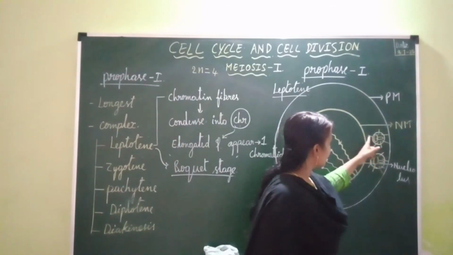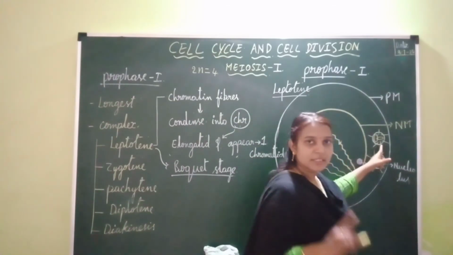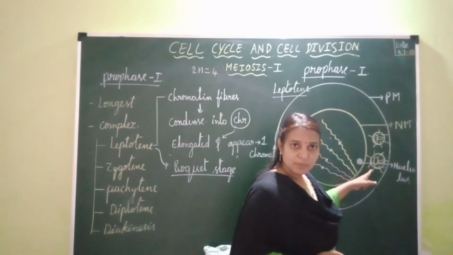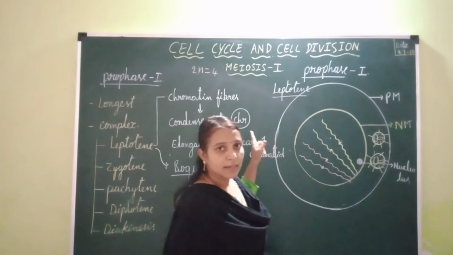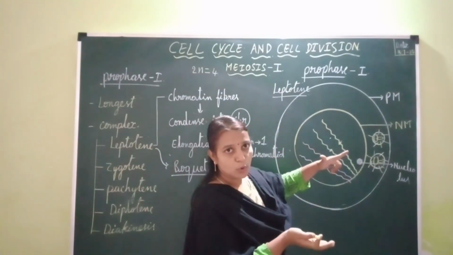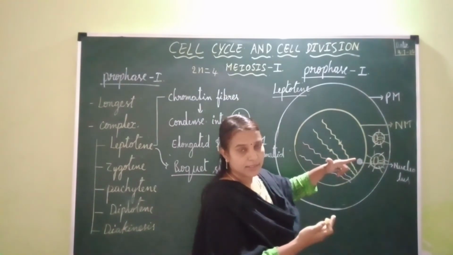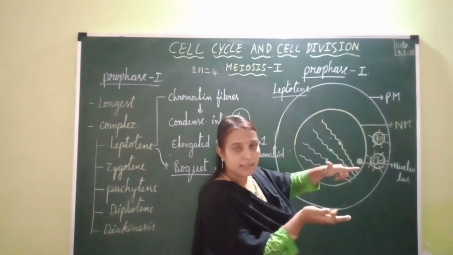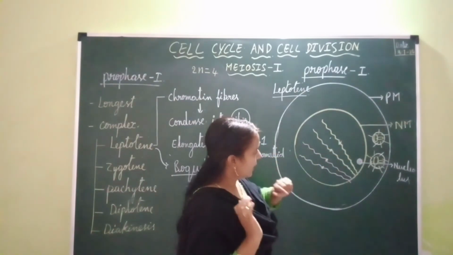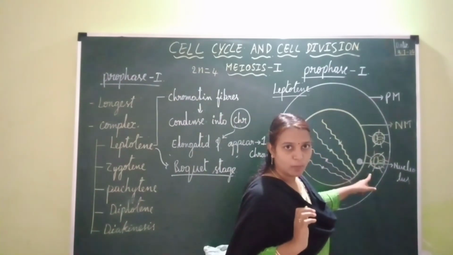These astral rays plus the centrosome are called one aster. To repeat, in the cytoplasm during the leptotene stage of prophase 1, the duplicated centrosomes form asters. After formation of asters, they start moving away from one another. Now let's see how asters are formed.